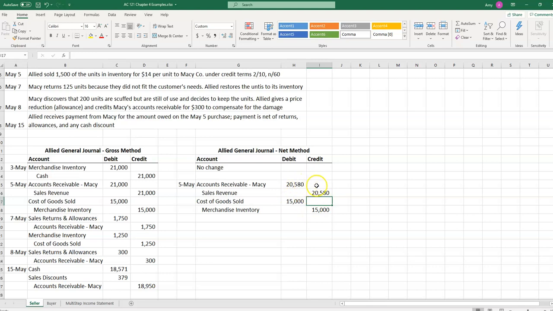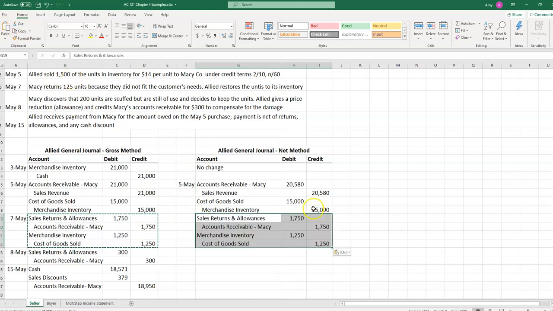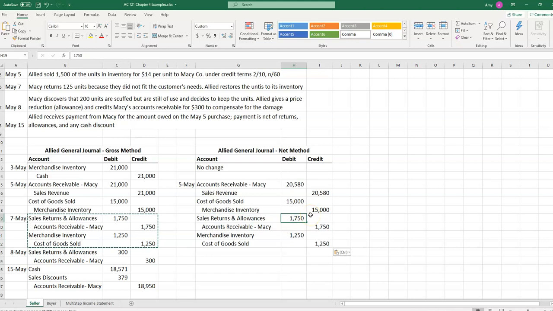So we would record that amount net of discount. Now we also need to deal with that discount every time that we have a journal entry. So then on this one, we would also have a discount. This would be $1,750 times 98%.